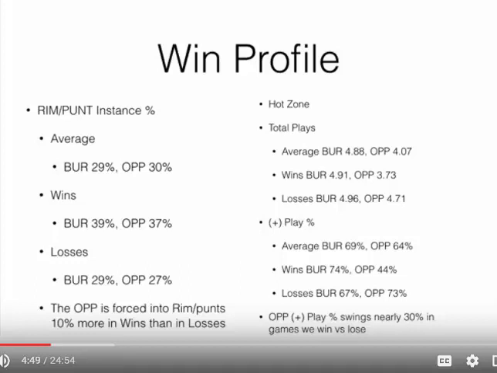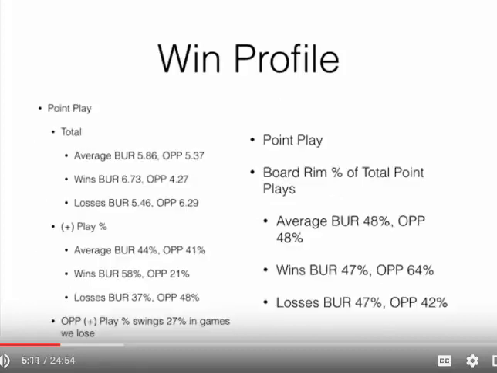The positive play, we are at nearly 70%, the opponent's at 64%, but when we win, we're at 74%, the opponent's at 44%, which is huge. And in the losses, Burlington's at 67%, the opponent's at 73%. So the opponent's positive play percentage swings nearly 30% between the games we win versus the games we lose.